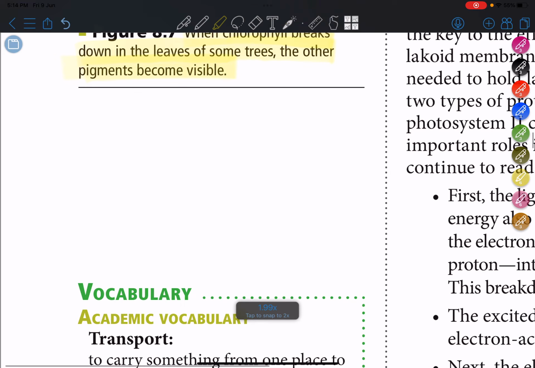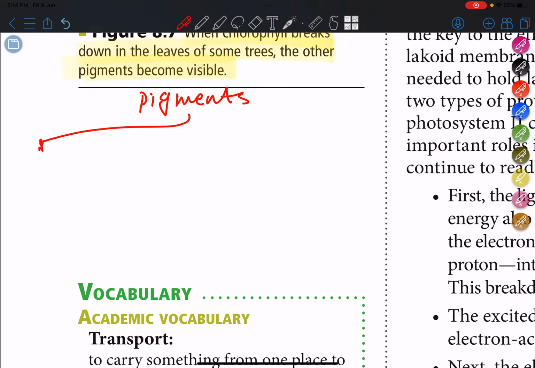So, let's just differentiate between the chlorophyll and the accessory pigments really quickly. So, we said we have pigments, right? Pigments in the chloroplast. We discussed two types so far, and they are chlorophyll and accessory pigments.